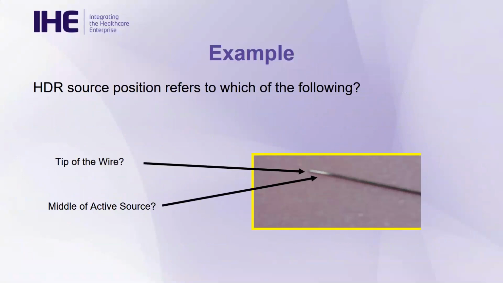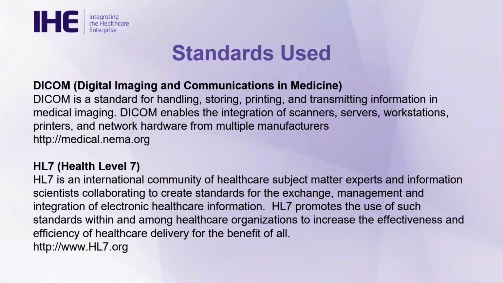This is a specific example, but generally what we try to do in IHE-RO is iron out the details. The standards we use are DICOM and HL7 in IHE. IHE-RO focuses mainly on DICOM. Since DICOM is a wider open standard, DICOM tries to work for everybody.